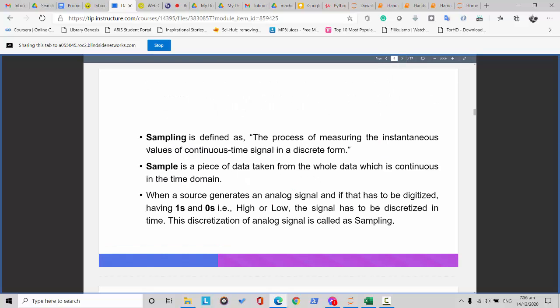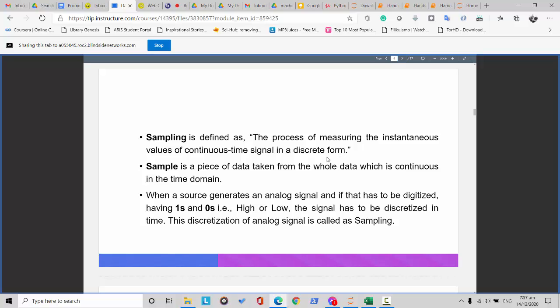Now getting back to the definition of sampling. It's defined as the process of measuring. As I have said, the simple term for this is actually capturing or taking the voltage of the varying analog signal. In definition, it is the process of measuring the instantaneous values of a continuous time signal in a discrete form.